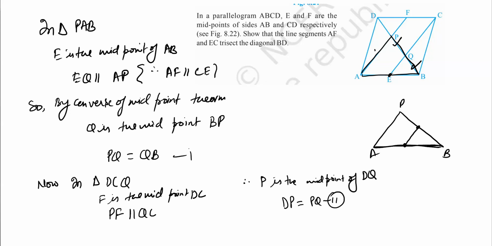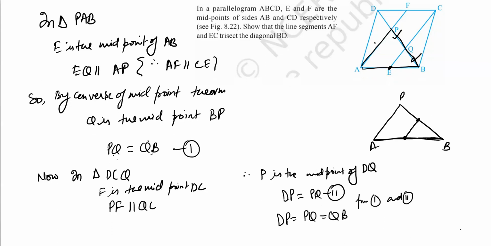And this is our first equation. PQ is also equal to QB and PQ is also equal to DP. So from the first and second equation, we can say that DP is equal to PQ is equal to QB. It means these three are equal.